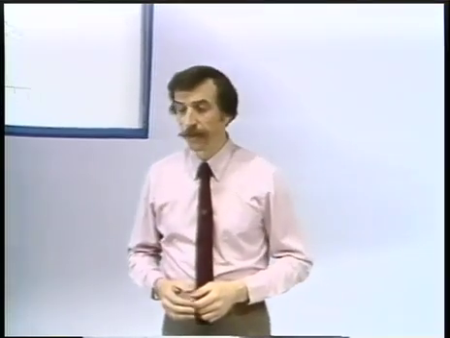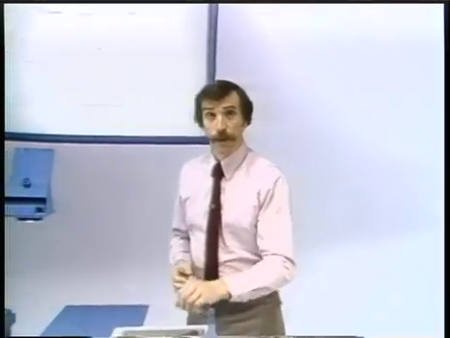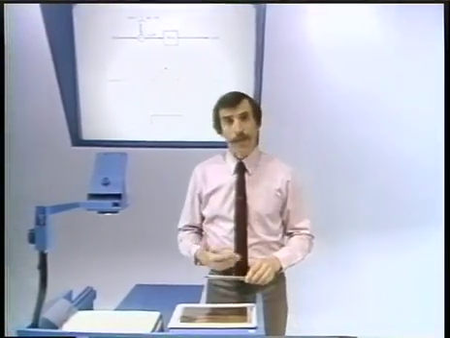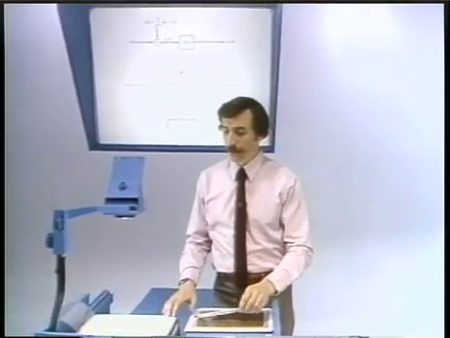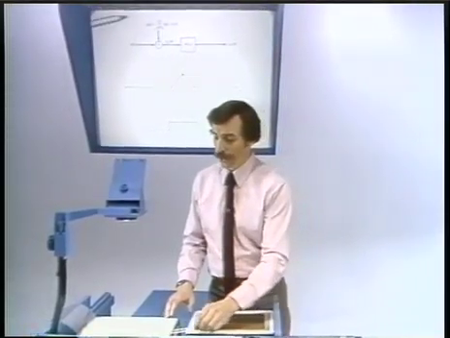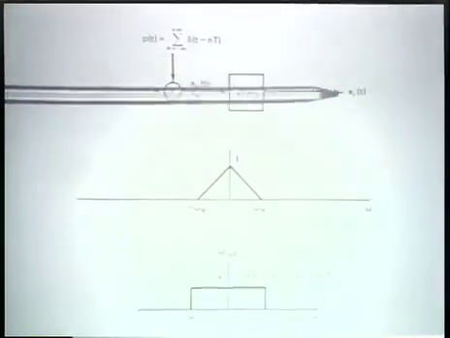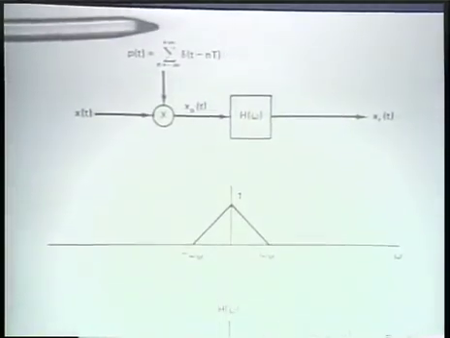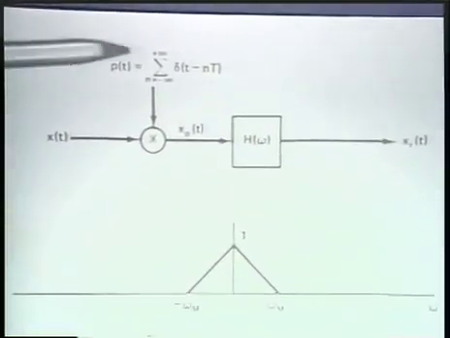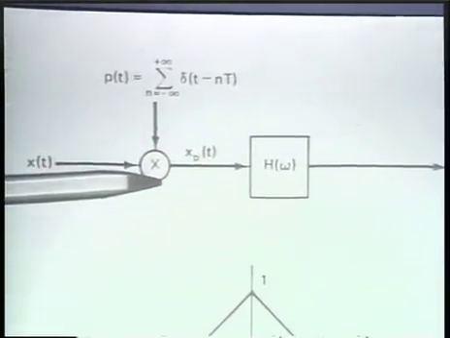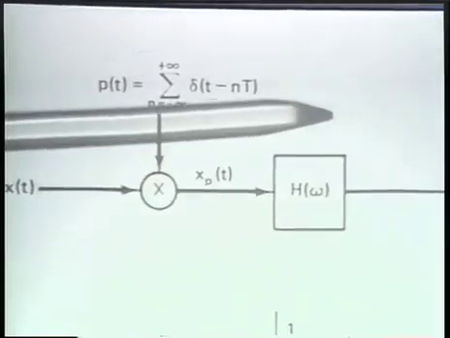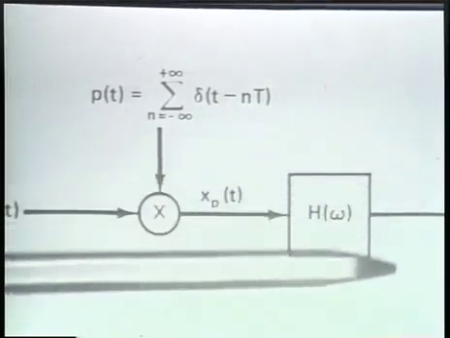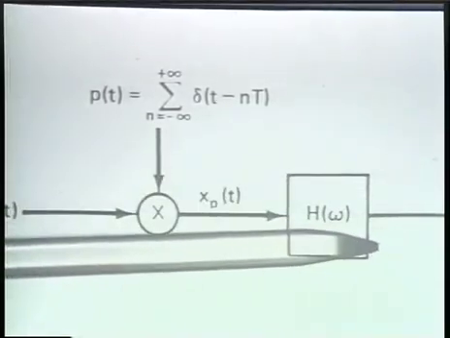Well, to begin, let's again review what the overall system is for exact reconstruction, sampling and reconstruction. And so let me remind you that the overall system for sampling and desampling or reconstruction is as I indicate here. The sampling process consists of multiplying by an impulse train, and then the reconstruction process corresponds to processing that impulse train with a low-pass filter.